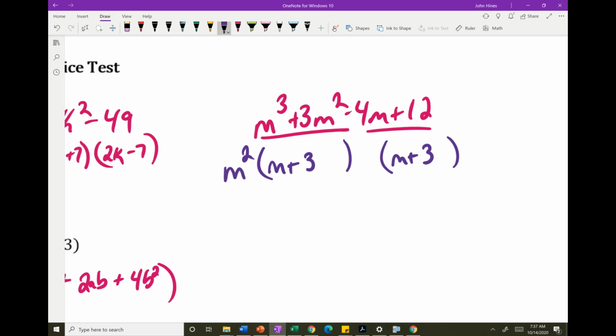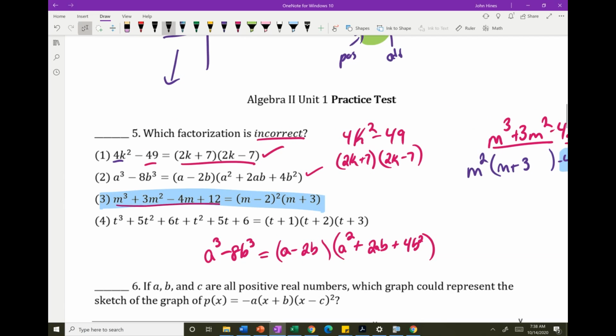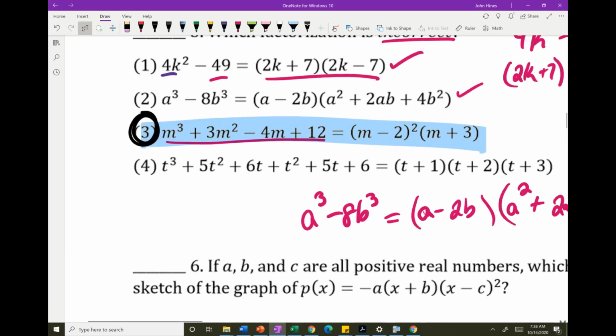Well, what times m? I would need a negative 4 here, but wait. Negative 4 and 3 doesn't give me positive 12. So I can't factor this here. This problem cannot be factored because you can't group it like that. It looks like it's a grouping problem, but you can't.